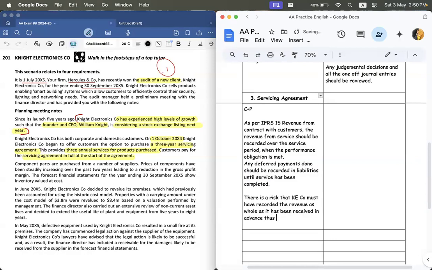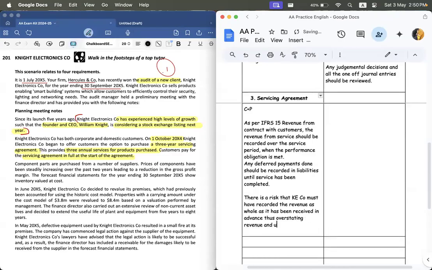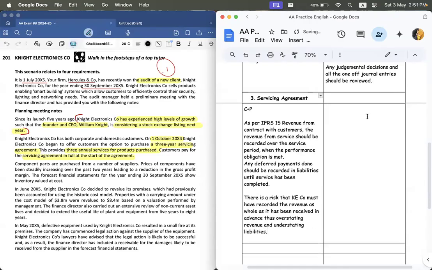Thus, what would happen? Overstating. What does it overstate? Revenue. And understating what? Liabilities. Clear? Simple.